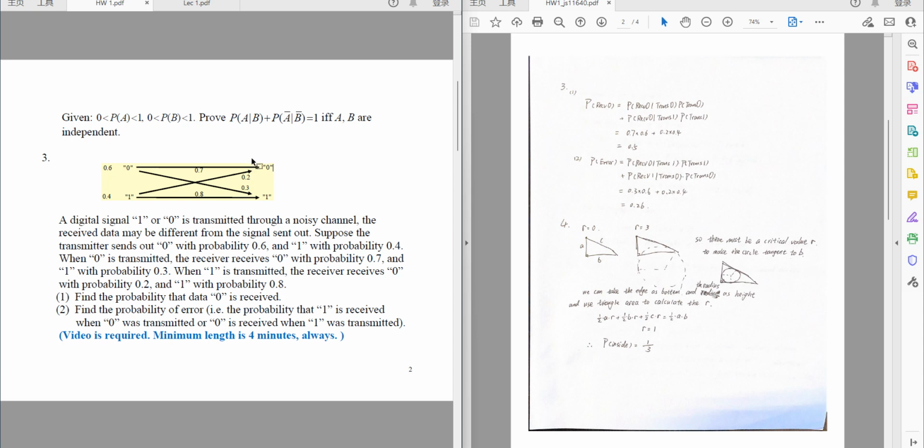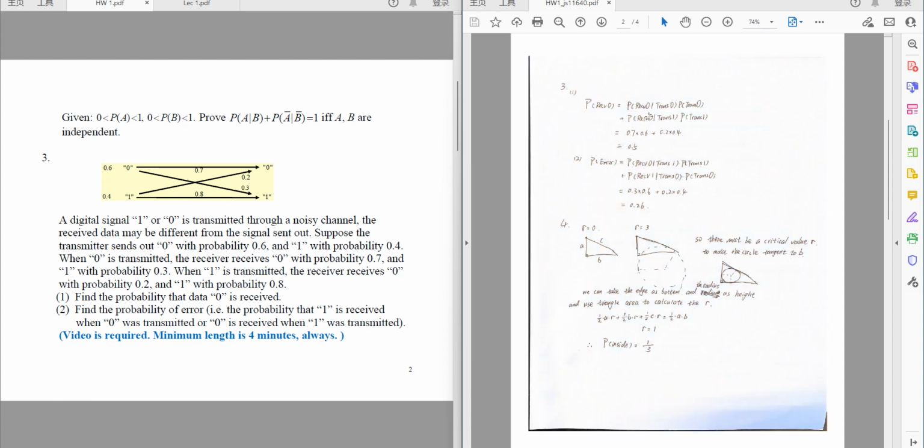The probability of sending a 0 and then receiving a 0 is equal to the probability of transmitting a 0 times the conditional probability of receiving a 0 given transmitting 0.